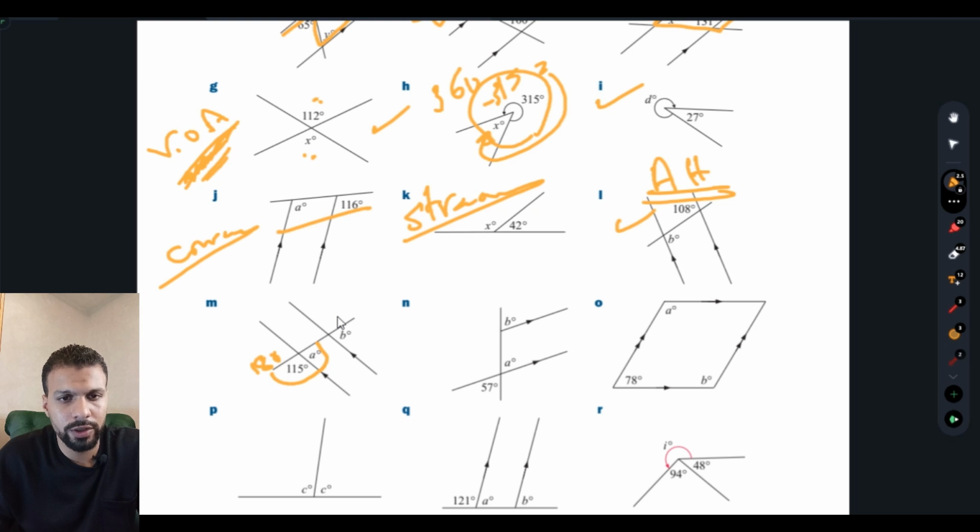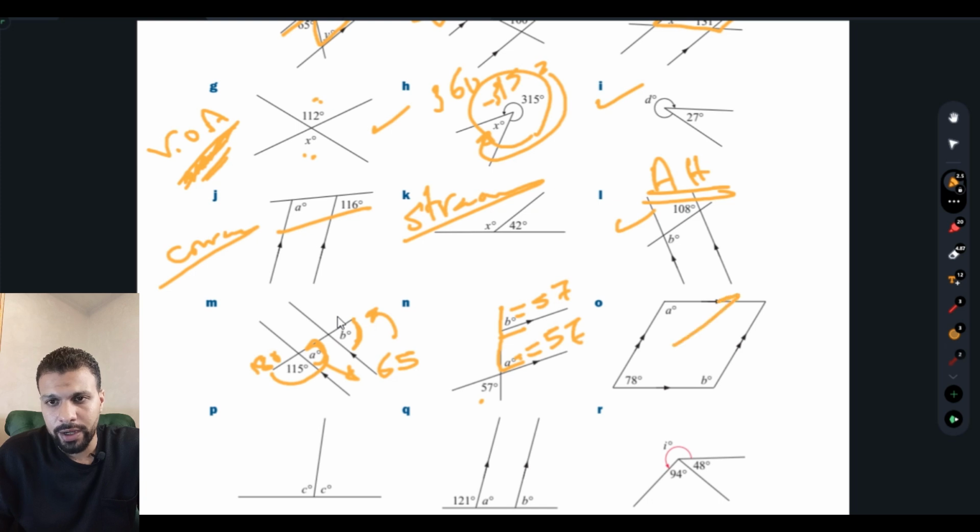Then 180 minus 115: 0 minus 5 equals 5, and 7 minus 1 equals 6. Then a equals b, because they are corresponding. 7 and a by vertically opposite angles, then a equals 57, then b again equals 57, the same because they are corresponding. In this shape I have all of it 360.